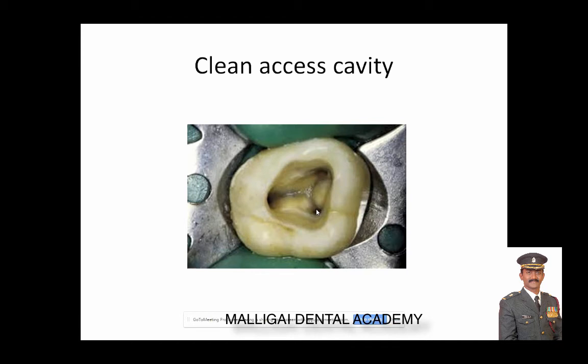The orifices are located at the ends of the dentinal map, which is seen very clearly in the floor of the access cavity, simply because you clean the access cavity, you spend some time rinsing the access cavity with warm 3 to 5% sodium hypochlorite in order to have a bleached and cleaned access cavity for vision.